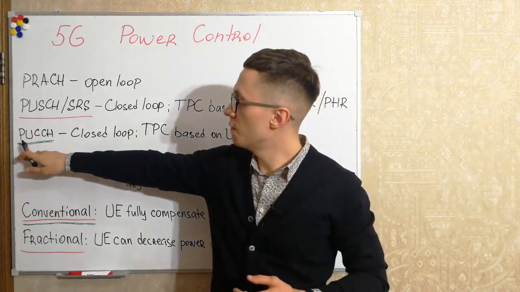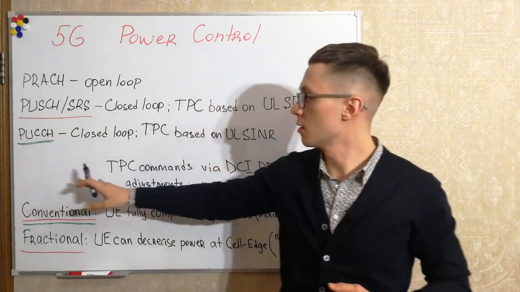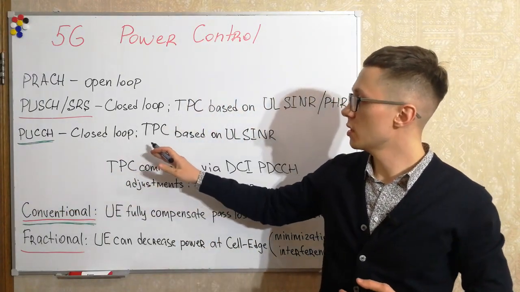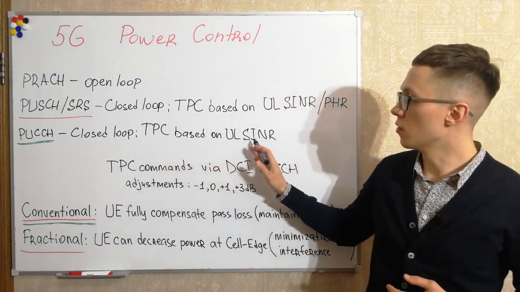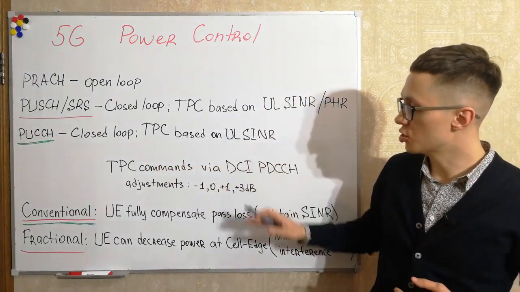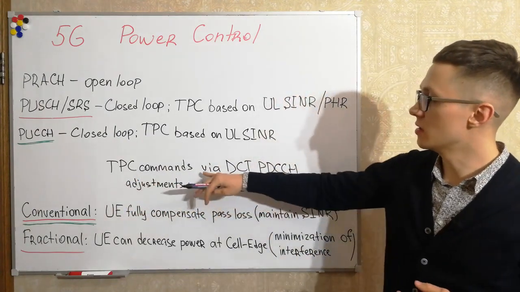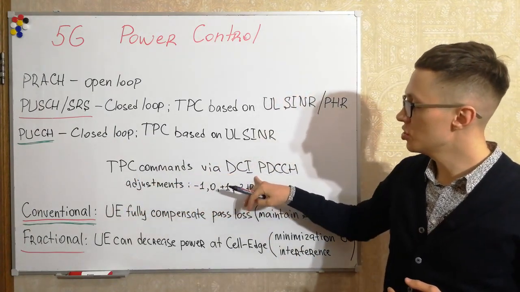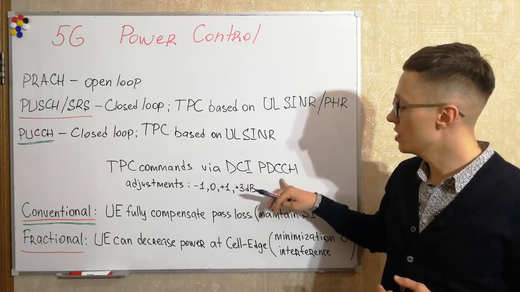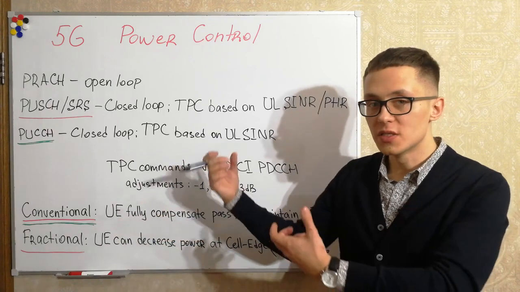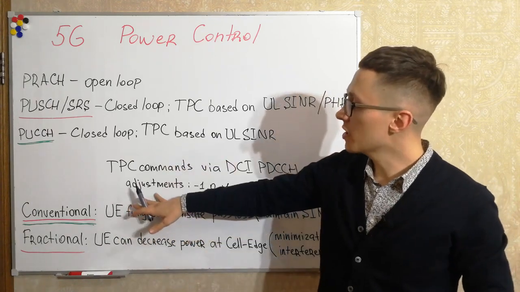The physical uplink control channel also uses closed loop TPC commands based on signal to noise ratio. And as I said before, TPC commands are sent via DCI, PDCCH channel, so they are commands from the base station. Adjustments.